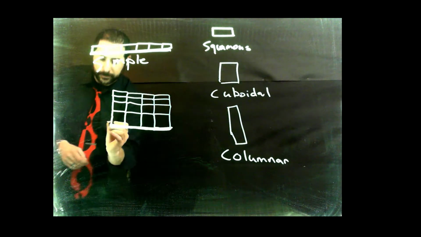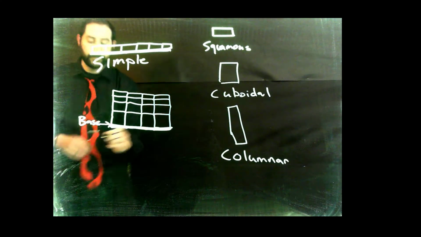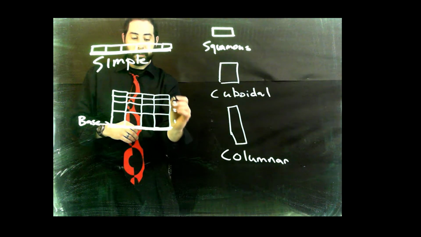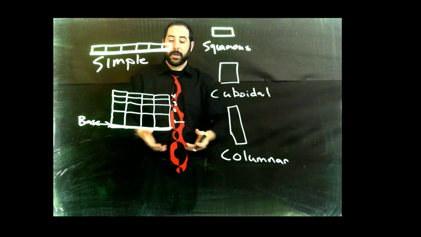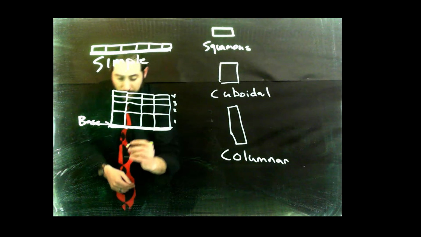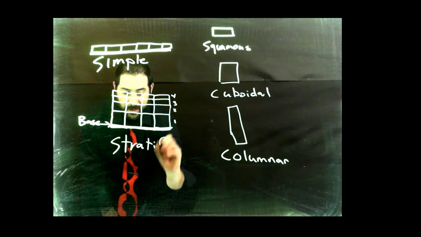So again, that's our basement membrane. And then we've got 1, 2, 3, 4 rows. So we know that this is several layers deep, rows of cells, and so this is what we call stratified.